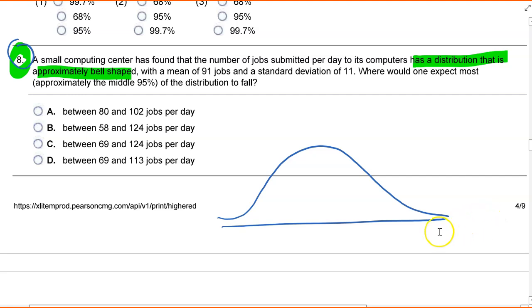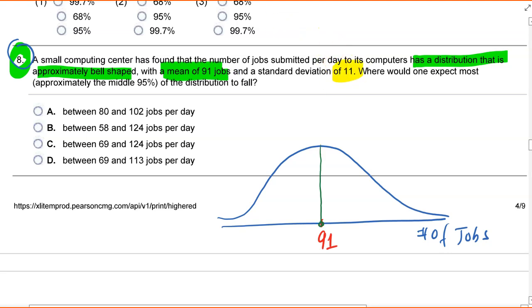Here the data is the number of jobs. The number of jobs is going to be on this line, and the highest point corresponds to the mean, which is going to be 91 jobs. See, the mean is 91 jobs and the standard deviation is 11.